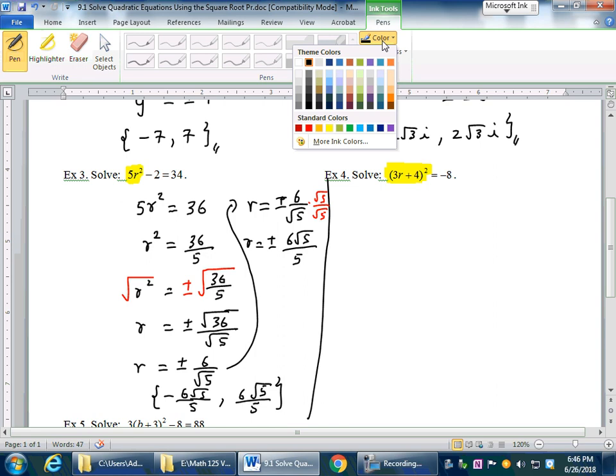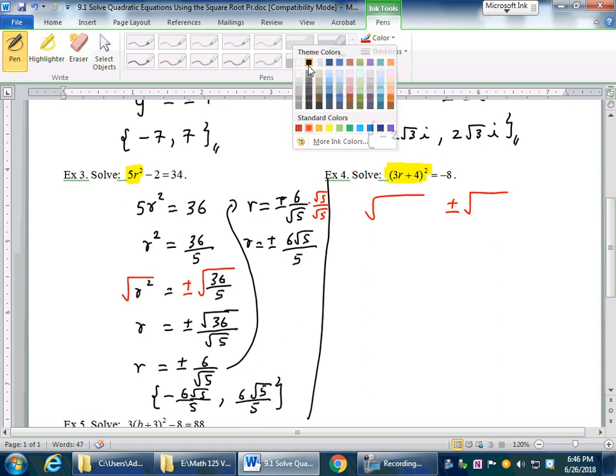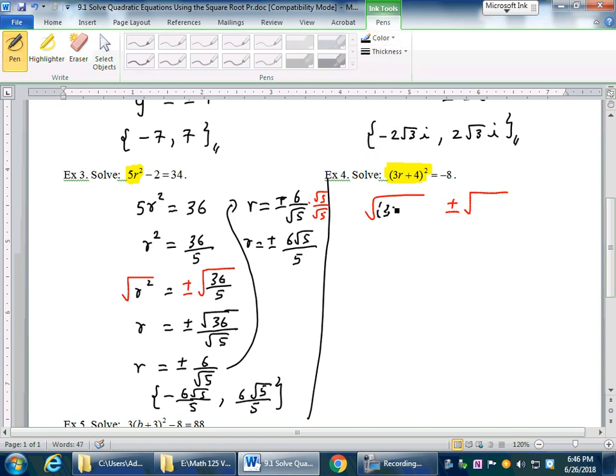The square term is already isolated by itself for you, so I can use the square root property right away. So (3r plus 4) squared is equal to plus or minus the square root of negative 8. On the left-hand side, the square and square root cancel out, so we are left with 3r plus 4 is equal to plus or minus, and when I simplify this, that becomes 2 square root of 2 i.